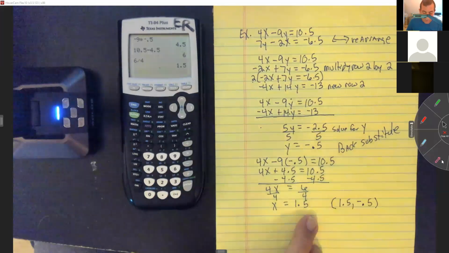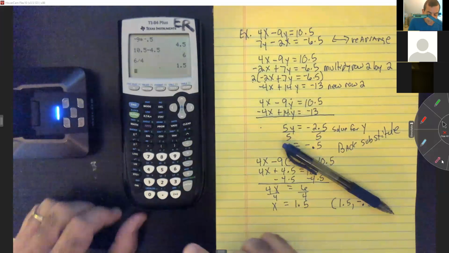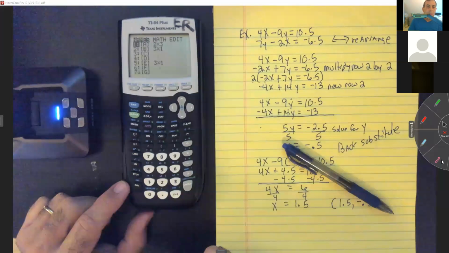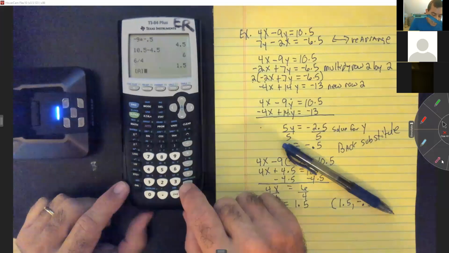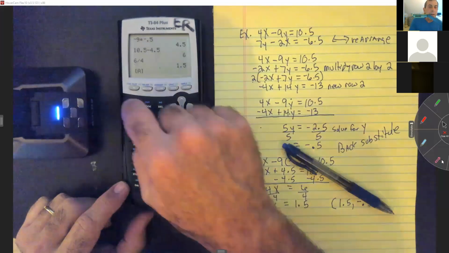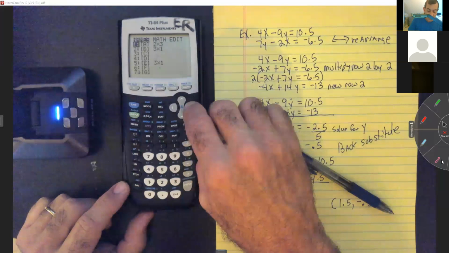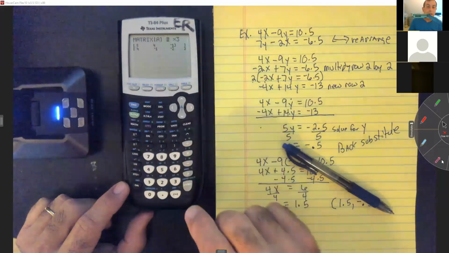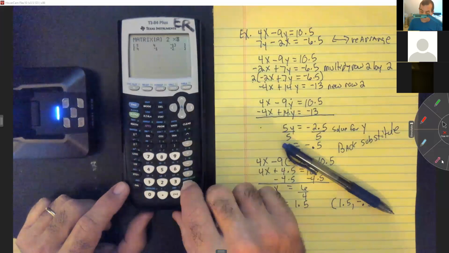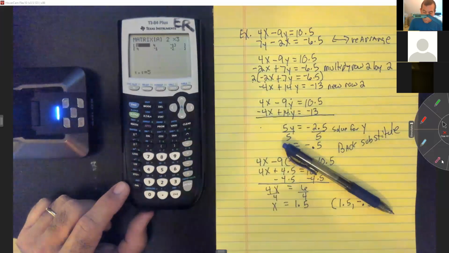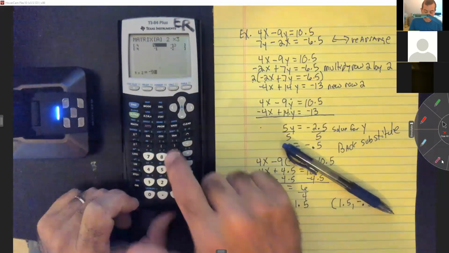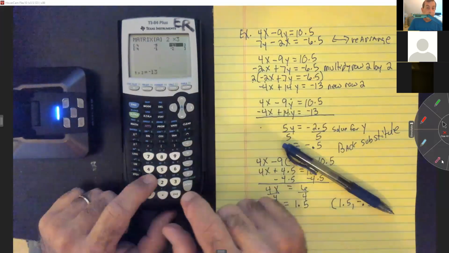All right, so watch this. Let's do this on the matrix. Second, x negative 1. I'm going to go to edit, hit enter. So I've still got a 2 by 3, so I'm going to hit enter, enter, and then I'm going to change my numbers. So I had a 4 enter, negative 9 enter, 10.5 enter.